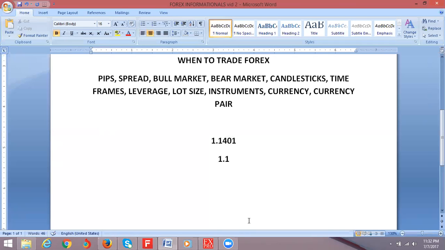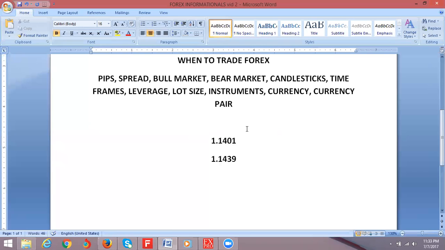Let's say it moves down about 2 pips. So it will become 1.1439. But please, you don't have to manually calculate all these things.